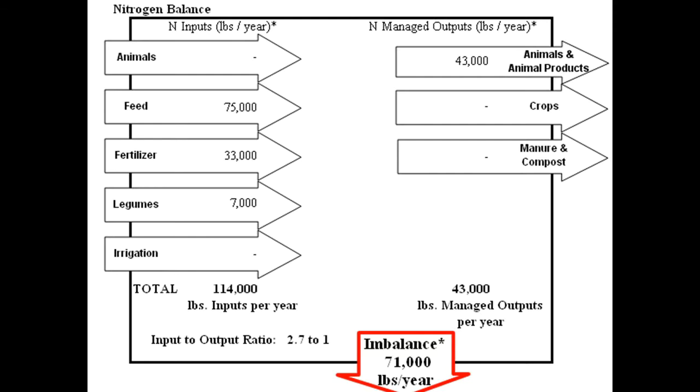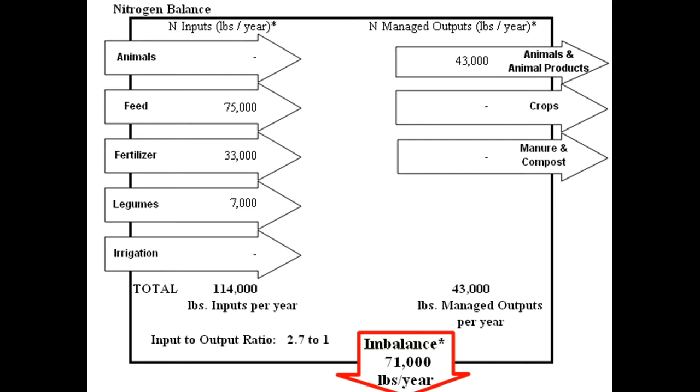So, for instance, if we buy animals, those animals contain nitrogen in their bodies, right, and phosphorus, so we're bringing nutrients onto the farm. Feed and fertilizer are always the dominant sources of nutrient inputs onto dairy and livestock farms. Legumes is one you might not think of, but if we are drawing a box around the farm and saying, how are nutrients coming onto this farm, then we do need to account for the nitrogen that is fixed by legumes.